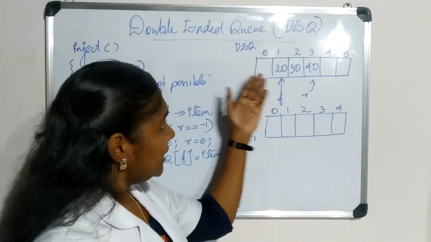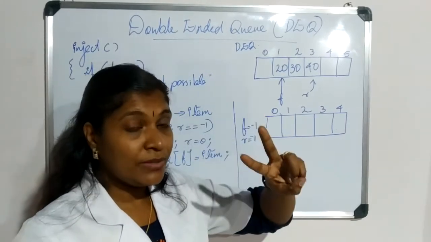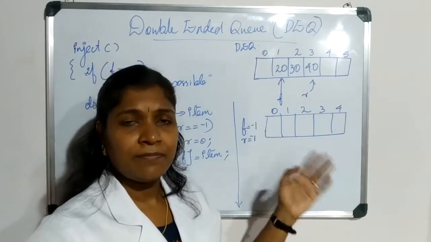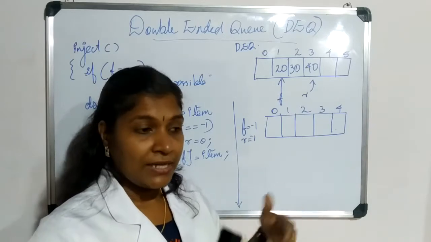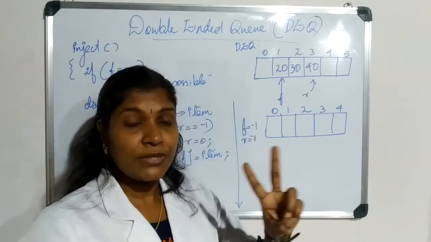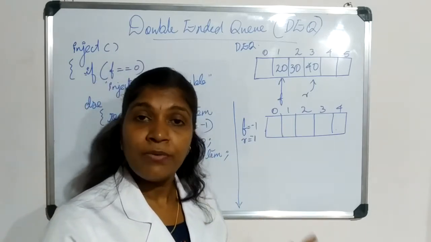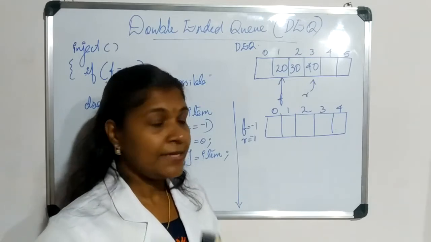Okay? So if the inject operation is possible, then we are considering two cases. Like in our NQ operation, if insertion of an element is possible, then we consider two cases: inserting an element into an empty queue and into a non-empty queue. Clear?